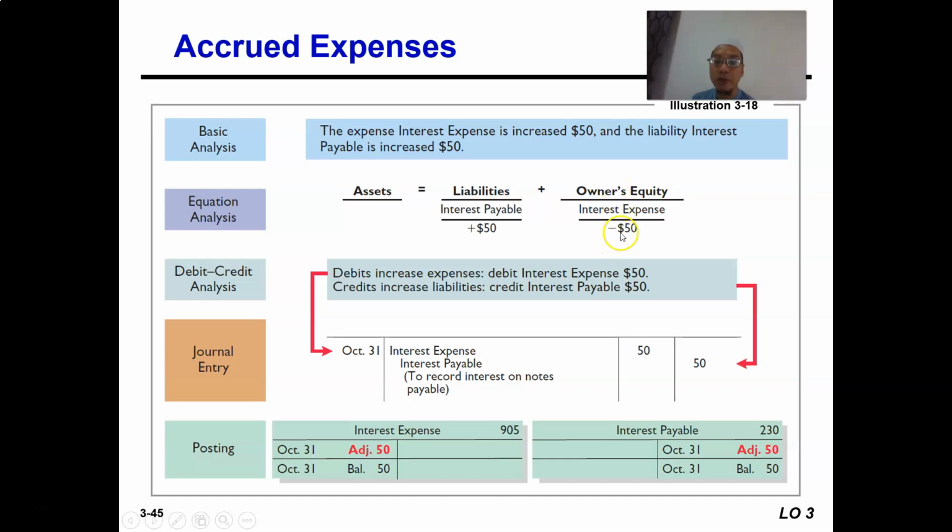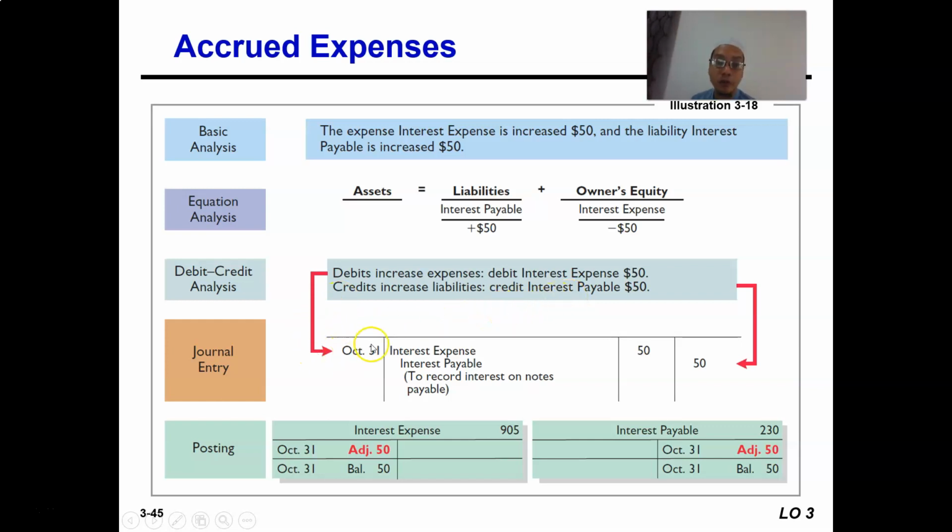Therefore, it has the effect of negative $50. Debit credit analysis. Because we increase our interest expense, we need to debit it. And because we want to increase our interest payable liability account, we credit our interest payable liability account.